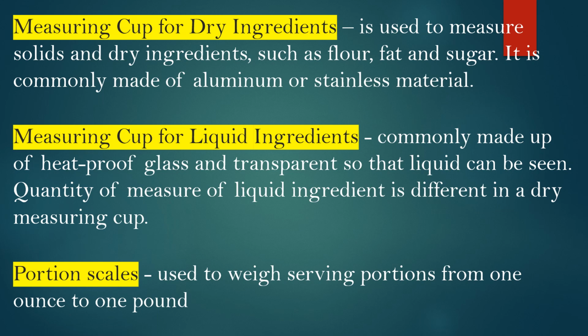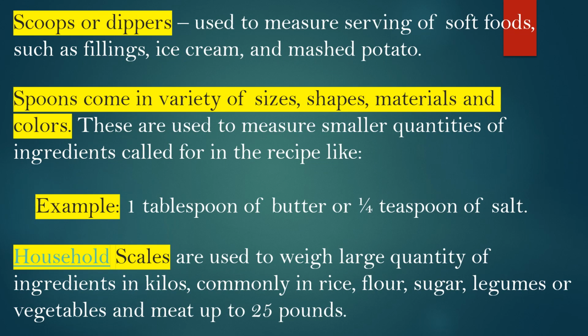It is used to weigh serving portion from 1 ounce to pound. Okay, so next we have scoops or dippers. Okay, it is used to measure servings of soft foods such as fillings, ice cream, and mashed potato.